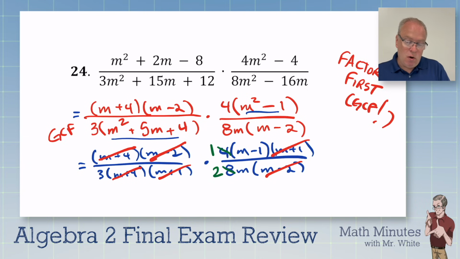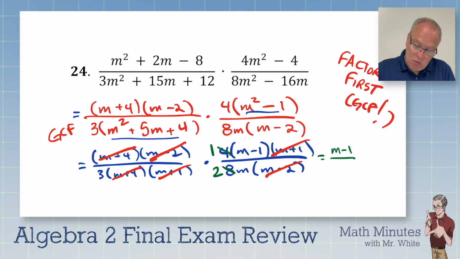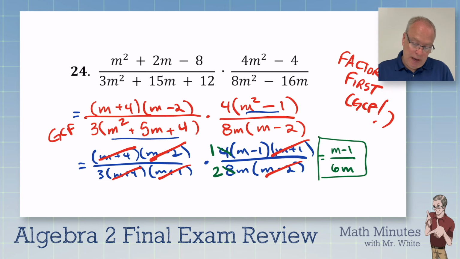So I'm going to put a 1 on the top and a 2 on the bottom. So this would equal m minus 1 all over 6m. And we get our answer here. So nothing else left to do. So we canceled a whole heck of a lot of stuff, didn't we?